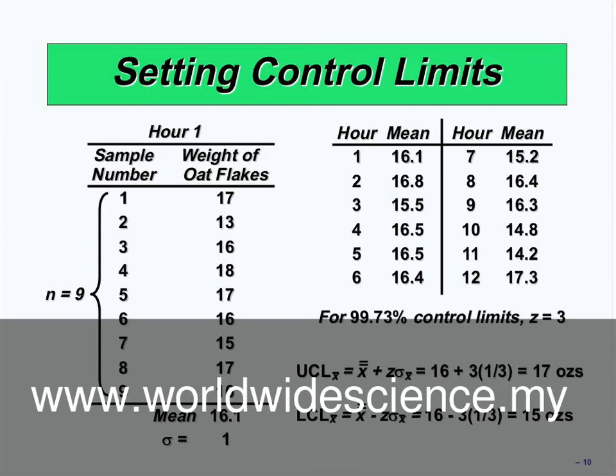This is the range. When you calculate the range for each hour, sum them and divide by 12, yes, A2 is defined as the control chart factor. The control chart factor is given through this table. With regard to your sample size, the mean factor is the standard that has been calculated by peer-reviewed researchers.